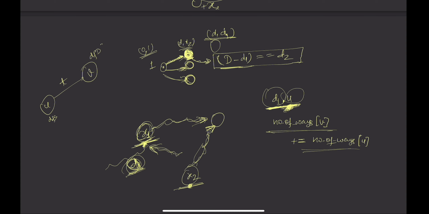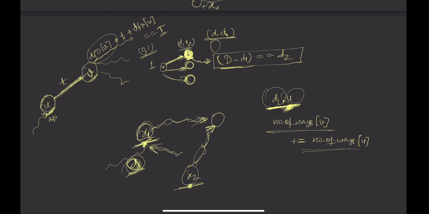So if I'm taking this path, T plus the distance from source of U should be equal to the shortest path, then only we can say whatever the number of ways I can reach from source to this node U, in that many ways also I can reach V by using this path, right?